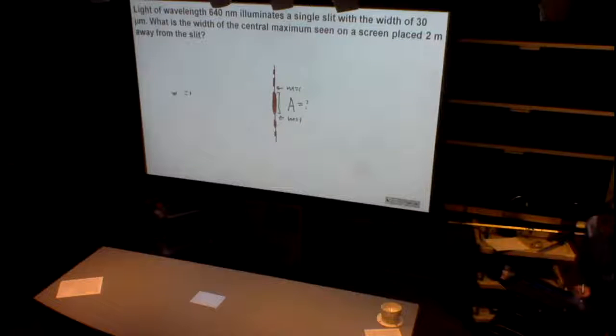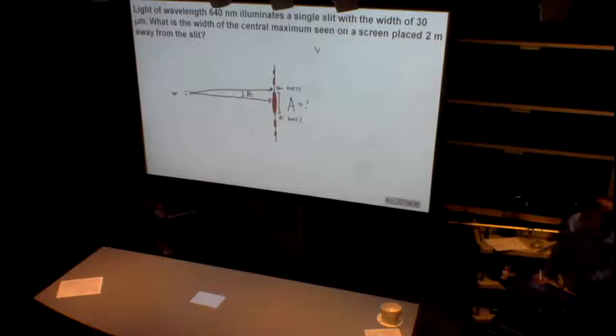So light travels to all directions, but this black line represents the absence of light. And of course, we can draw the perpendicular to the screen. It hits the screen in the middle of the spot. This is theta 1.